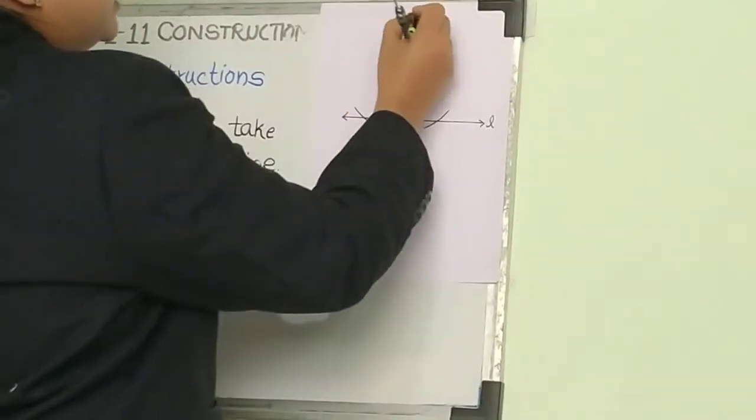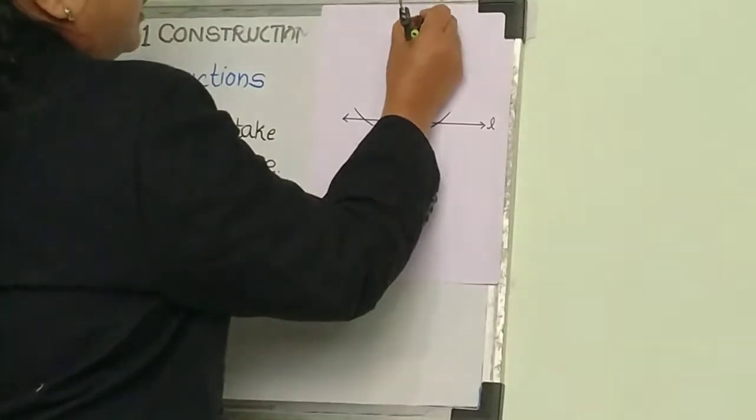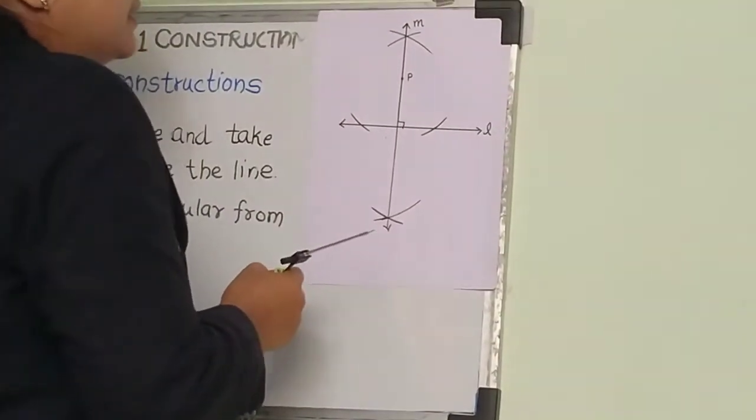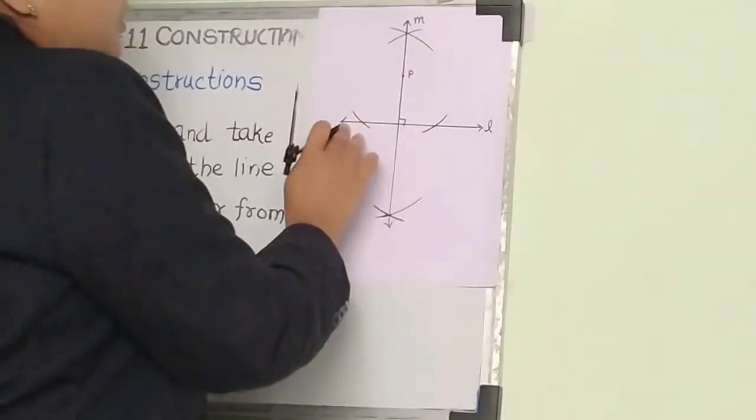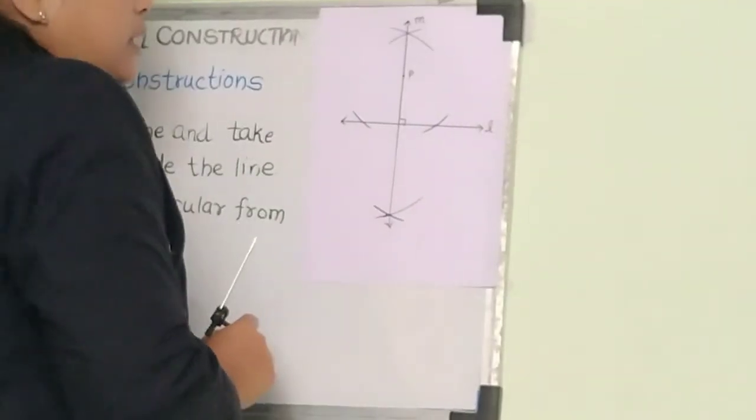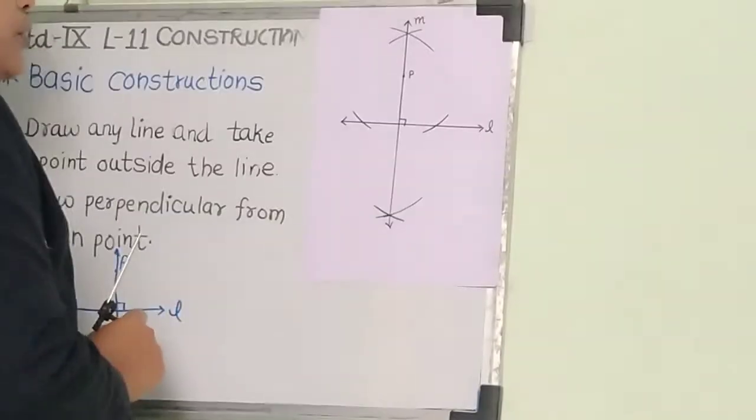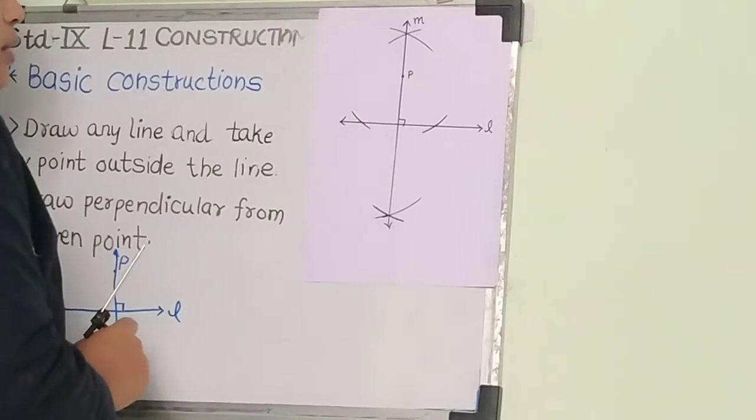So here we get line M perpendicular to the given line. So in this way we can draw the construction.